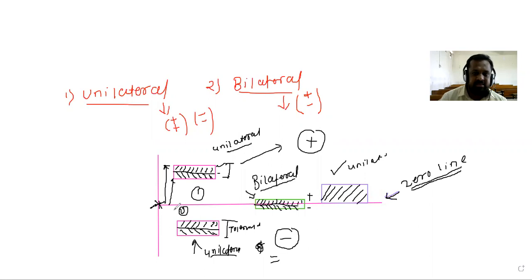Like here again, for this side also, this is the lower limit and this is the upper limit. Both limits are on the negative side here. Now which limit is this, whether it is the upper limit or the lower limit?